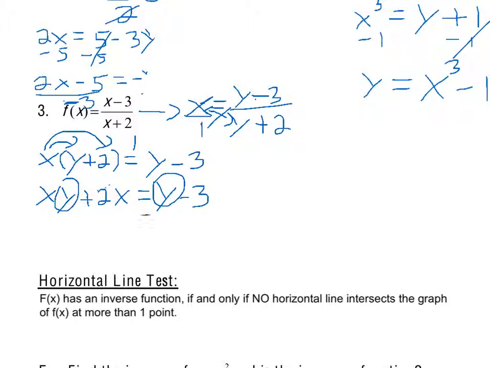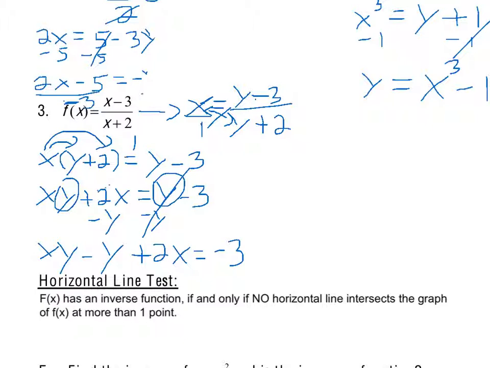I'm going to subtract y here, so it cancels out. I'm going to subtract y on that left side. So the left side is xy minus y. And then let's bring down the plus 2x. And then it just equals this negative 3.